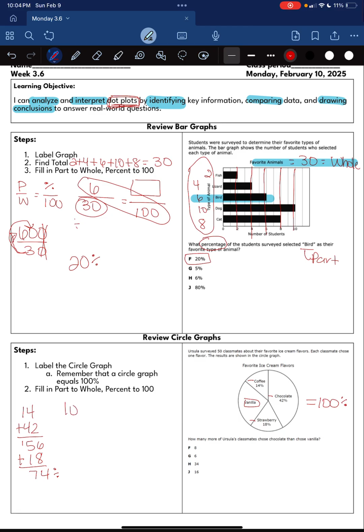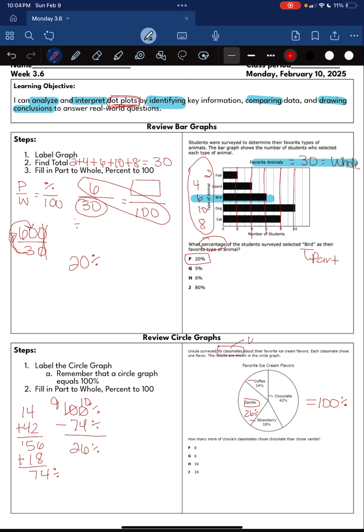So I take my 100% and I subtract my 74% to find my missing percent for vanilla. And I am going to subtract 100 minus 74, and I'm going to get 26%. So vanilla is 26%.